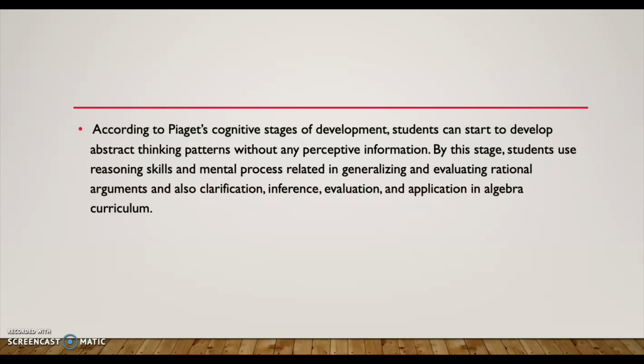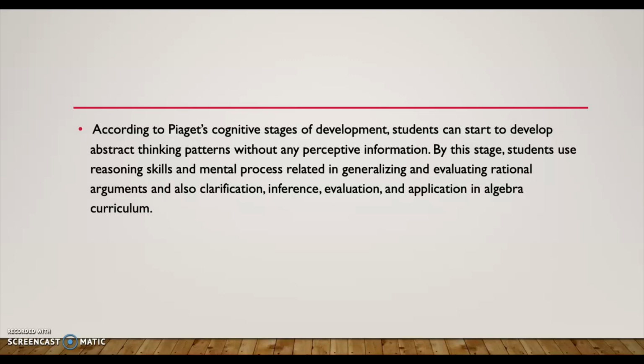According to Piaget's cognitive stages of development, students can start to develop abstract thinking patterns without any perceptive information. For instance, a student in the formal operational stage can solve a + 4a = 10 without a concrete problem offered by the teacher, such as: John ate some number of chocolates and his brother ate 4 times as many.